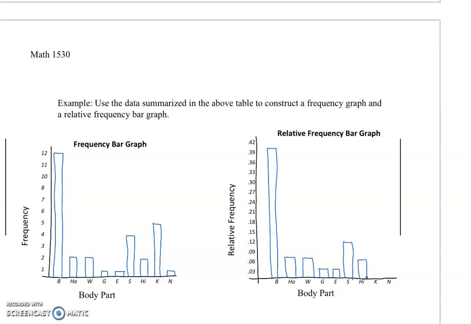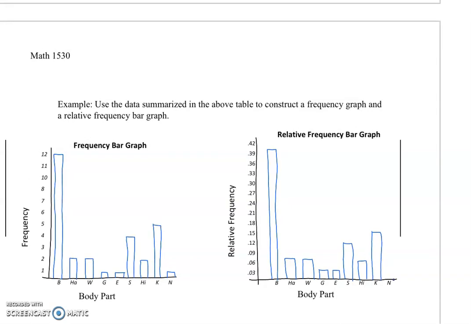Knee is 0.1667, so that's between 0.15 and 0.18, so maybe about right there. And neck is the same as groin and elbow.